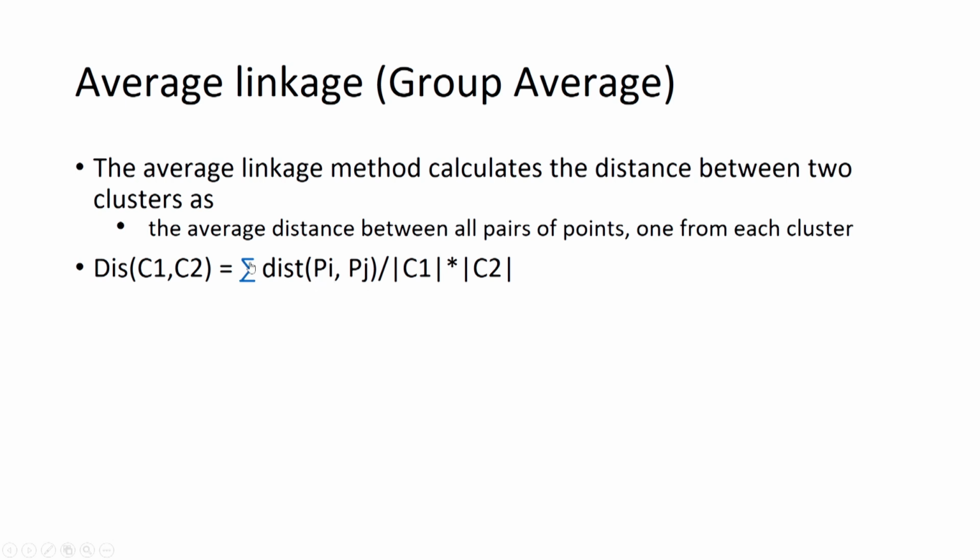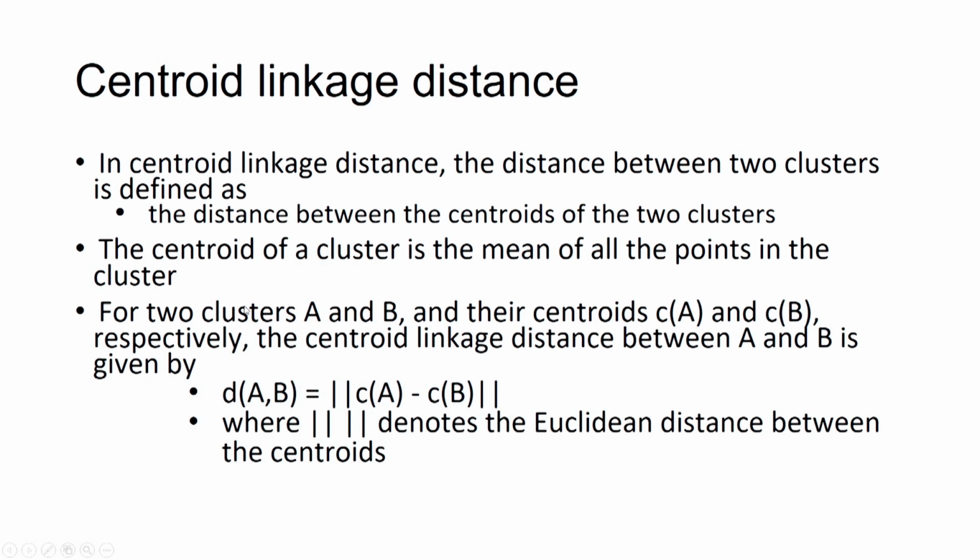After that we will take the sum of these and divide it by the number of elements in C1 times the number of elements in C2. In this way we get the average distance between all pairs of points of these two clusters. This is called average linkage, and through this we are defining the distance between two clusters.